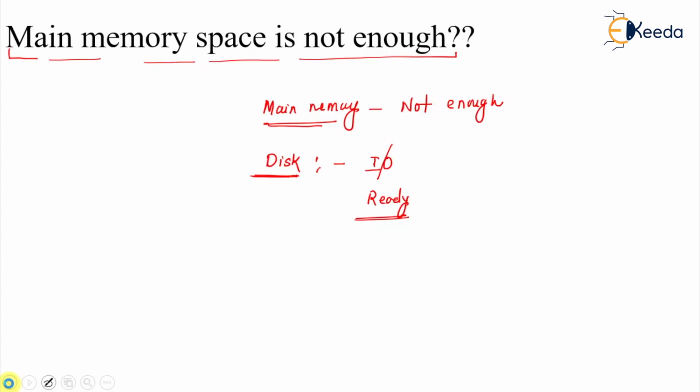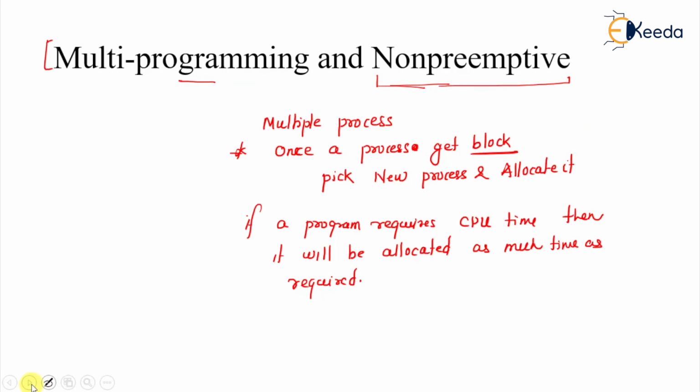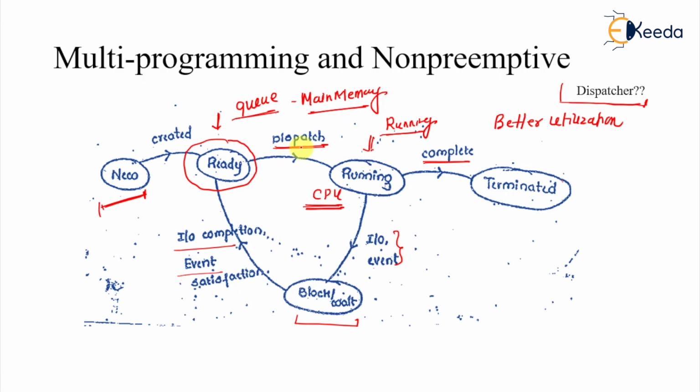Just recapping, we can have different systems. We can have a uniprogram system where a process keeps on executing, and then a multiprogramming system with non-preemption, where there are multiple processes available.